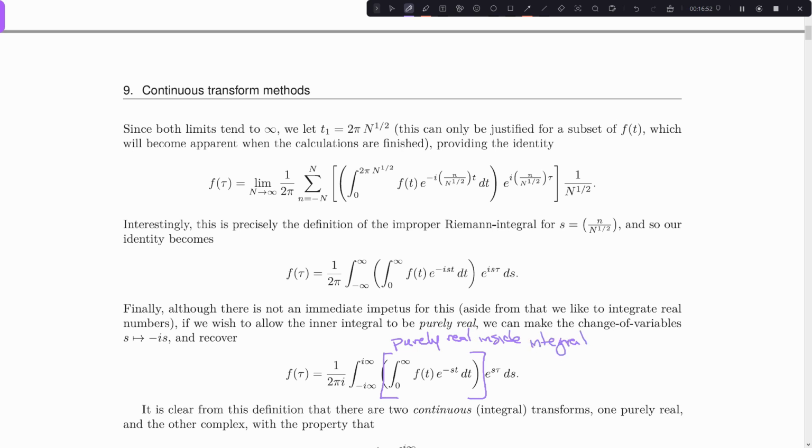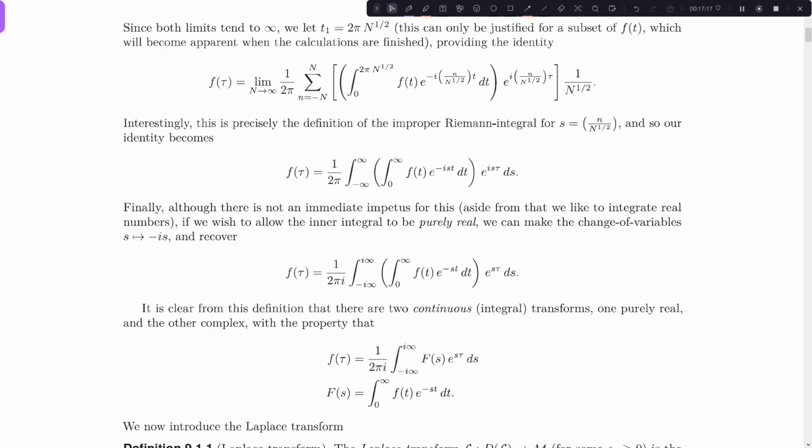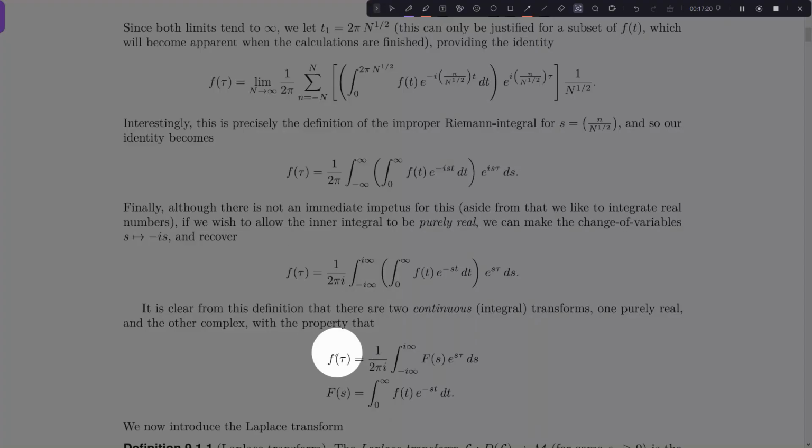And that purely real inside integral, we're going to give it the name capital F of s, because it's integrating over the dt, so it is a function of s. So I'm going to give that the name capital F of s, and then I have this nice property that I can recover lowercase f by taking a complex integral against capital F, and I can recover capital F by computing a real integral against lowercase f.